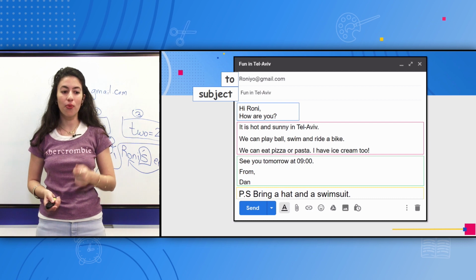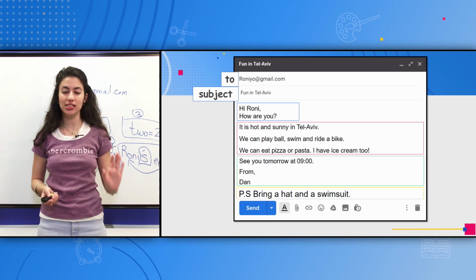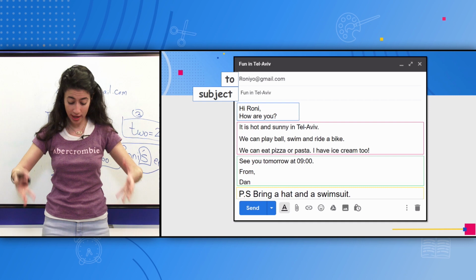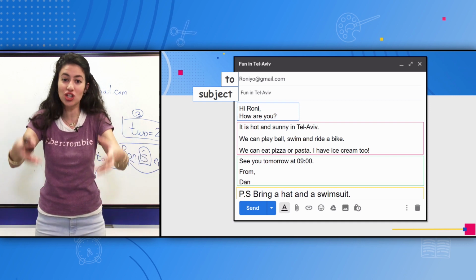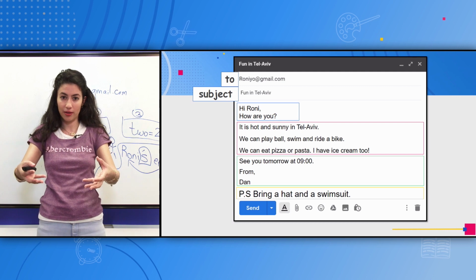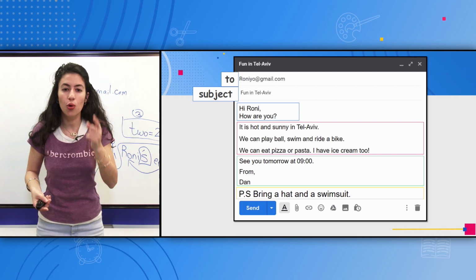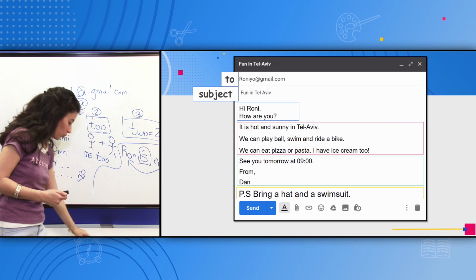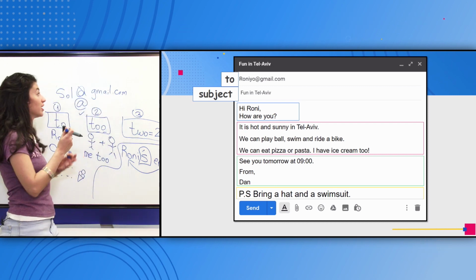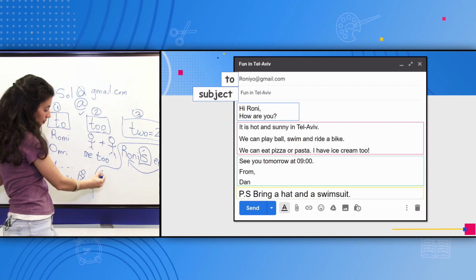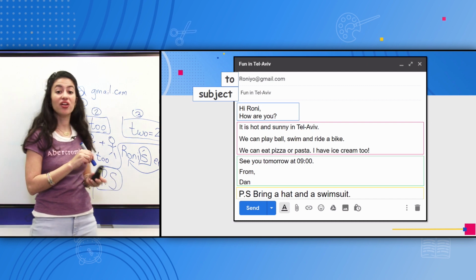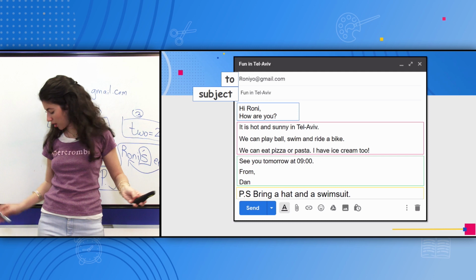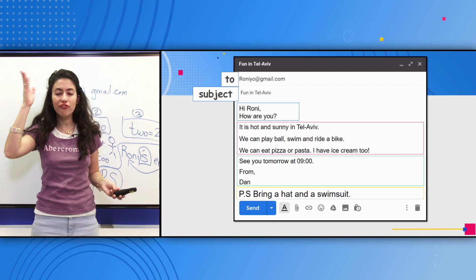P.S. Bring a hat and a swimsuit. Remember what is to bring? I bring the Xbox or the puzzle to the birthday party. I bring it. So P.S., when you see it down there in the yellow square, it means that I finished the email, but oh, I forgot.